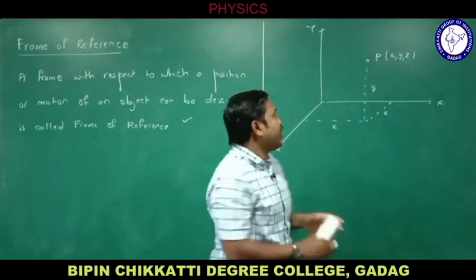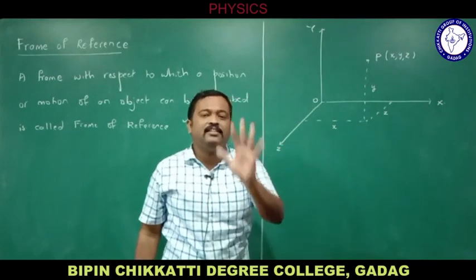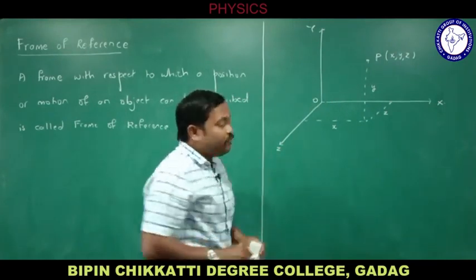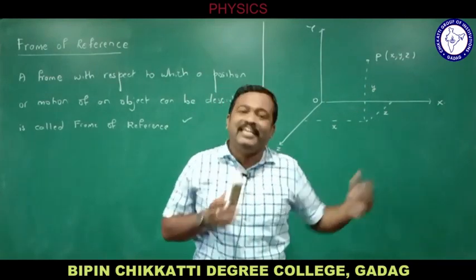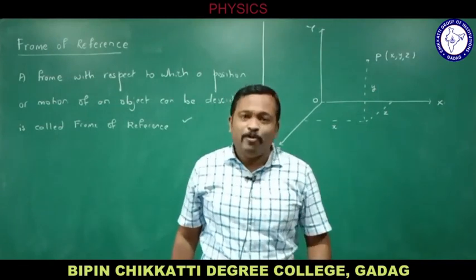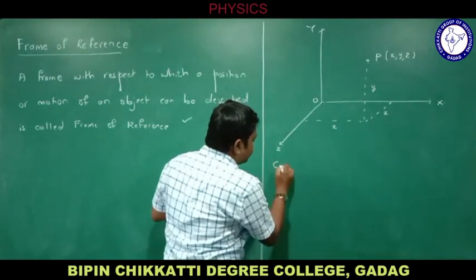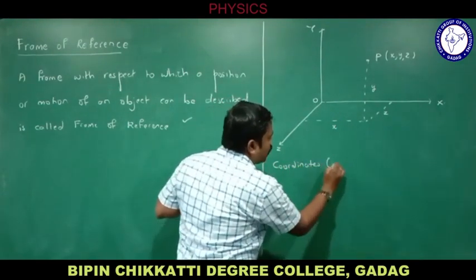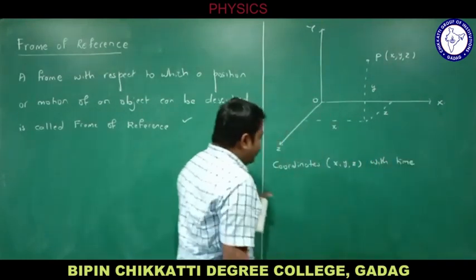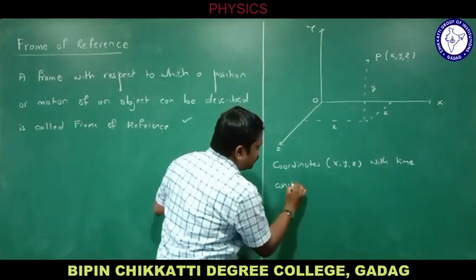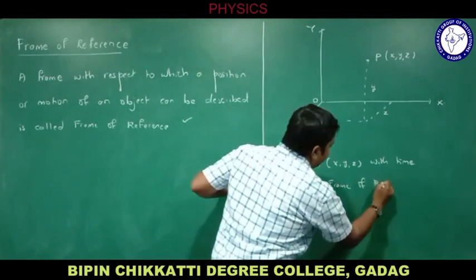So this is the location of an object with respect to the reference point, and here the origin is the reference point. The position can be expressed like this, x, y, z, but if the position changes, then the body is said to be in motion. That time we require another quantity, time. So the coordinates x, y, z with time constitute the frame of reference.